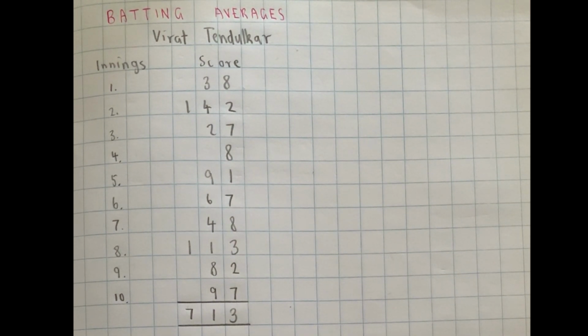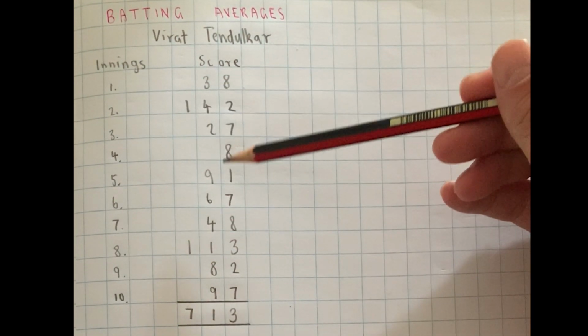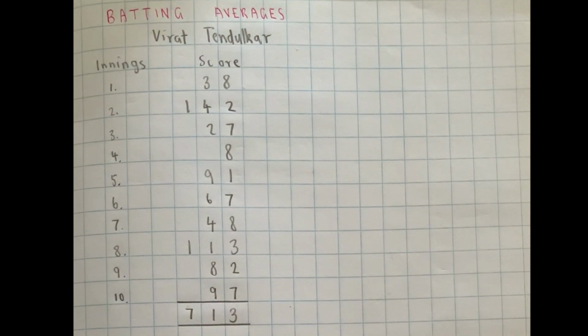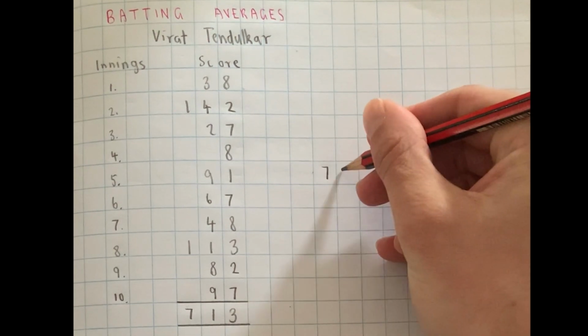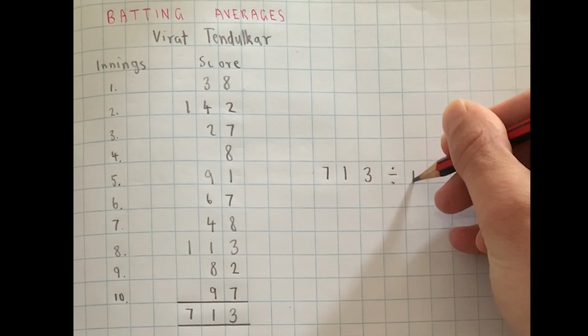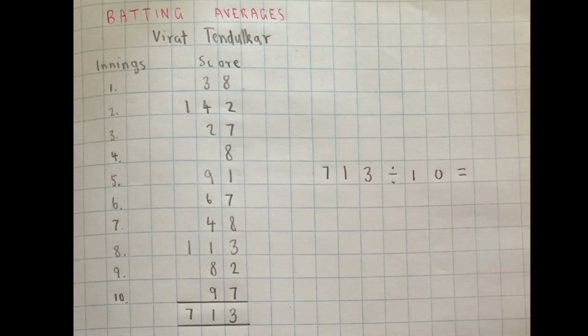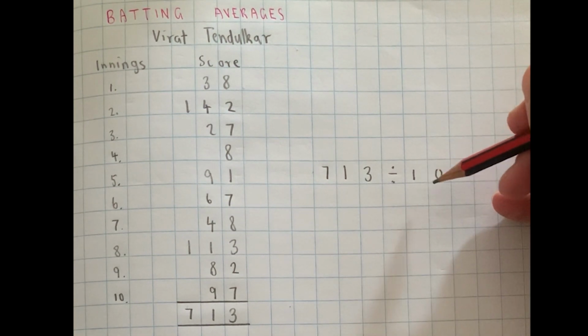Now, to determine the average, what we need to do is divide the total amount of runs scored by how many innings there have been. So it would look a little bit like this: 713 divided by 10 in this instance. That's the total runs scored, divided by the innings.